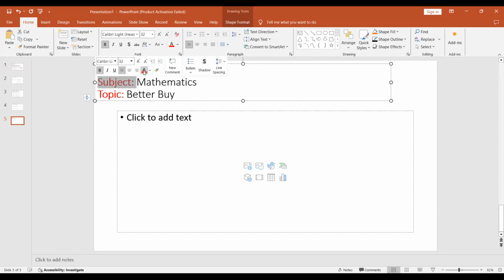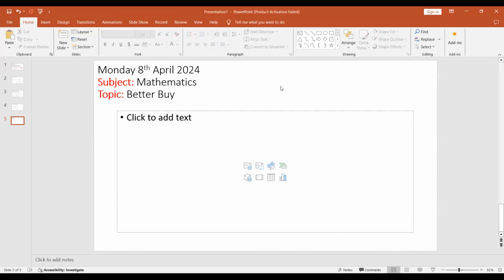So we're going to be looking at word problems that involve looking at which option is the better option given two scenarios. So if you're inside a shop and you have two things to consider, and they give you the price of one thing and the price of another thing.